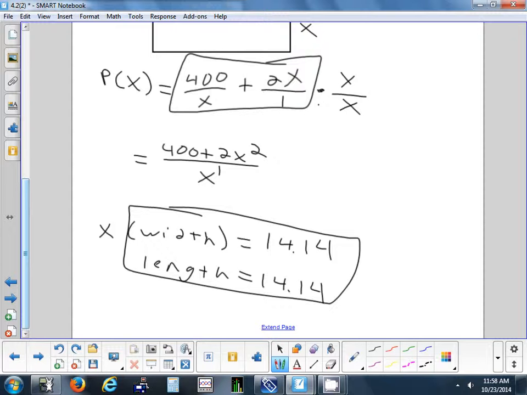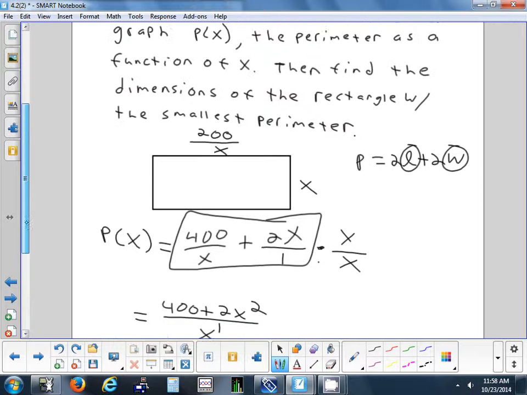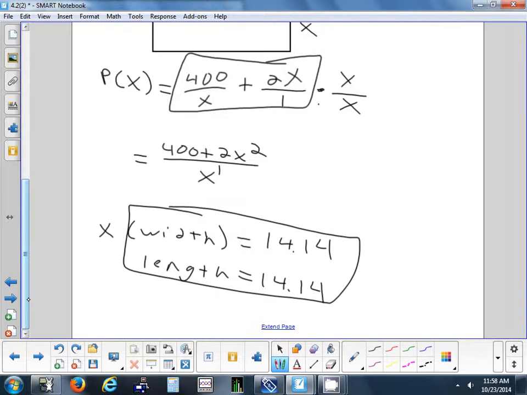So what does that mean? It's a square. We've done this before. I've told you that if you want a shape where you need the minimum amount of perimeter but you want to enclose the maximum amount of area, the shape is always a square. What would the perimeter be?